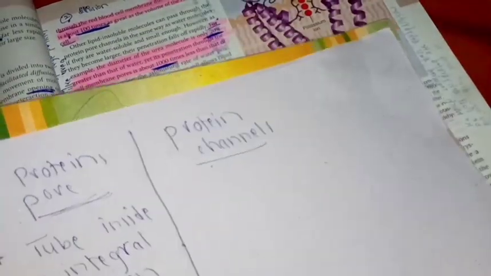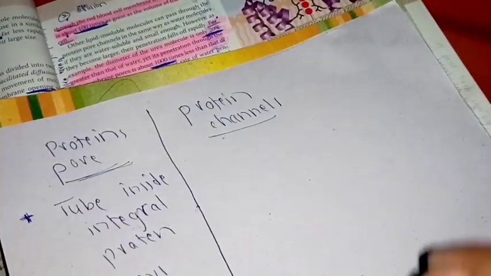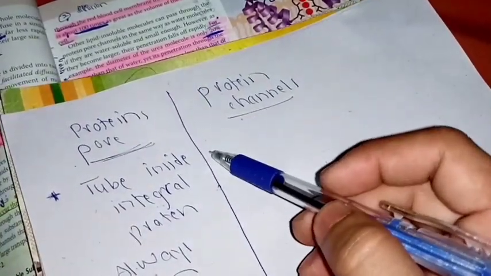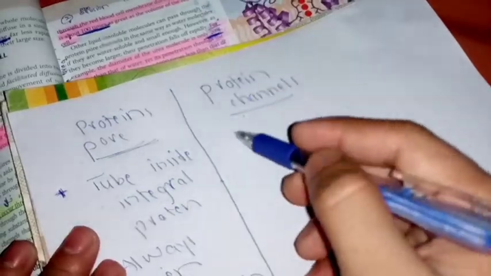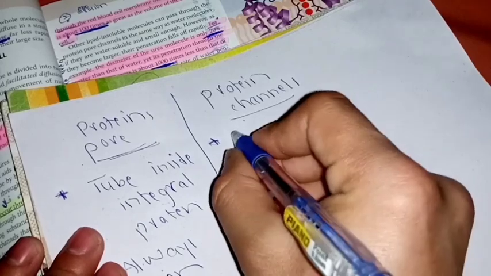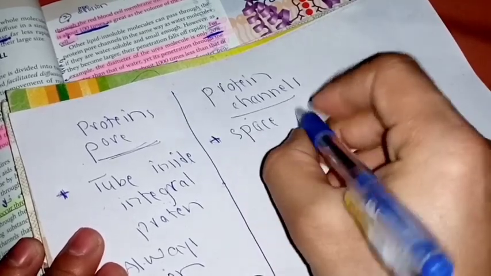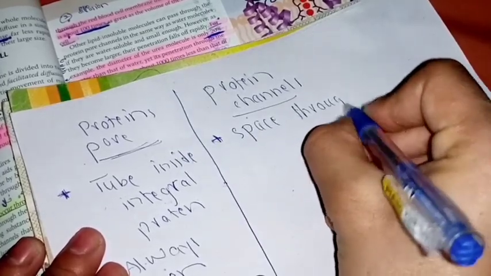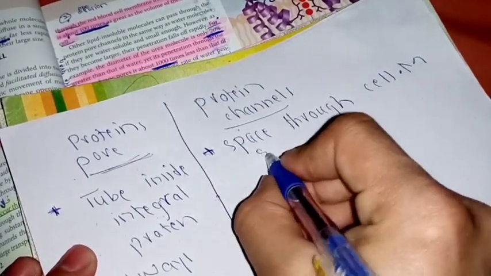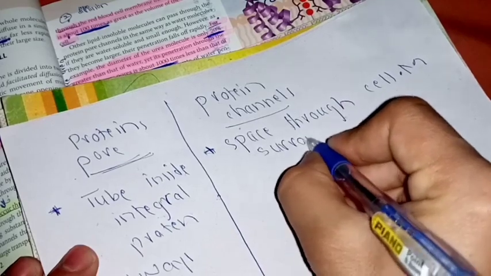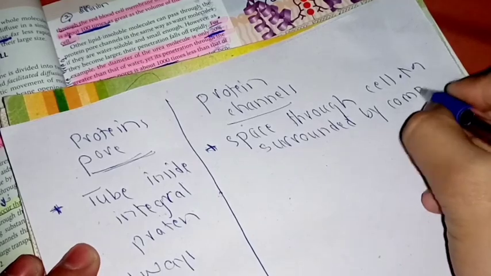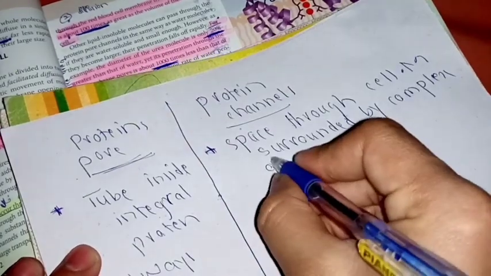Now, the protein channels. The protein channels are actually spaces through the cell membrane which are surrounded by complexes of proteins.